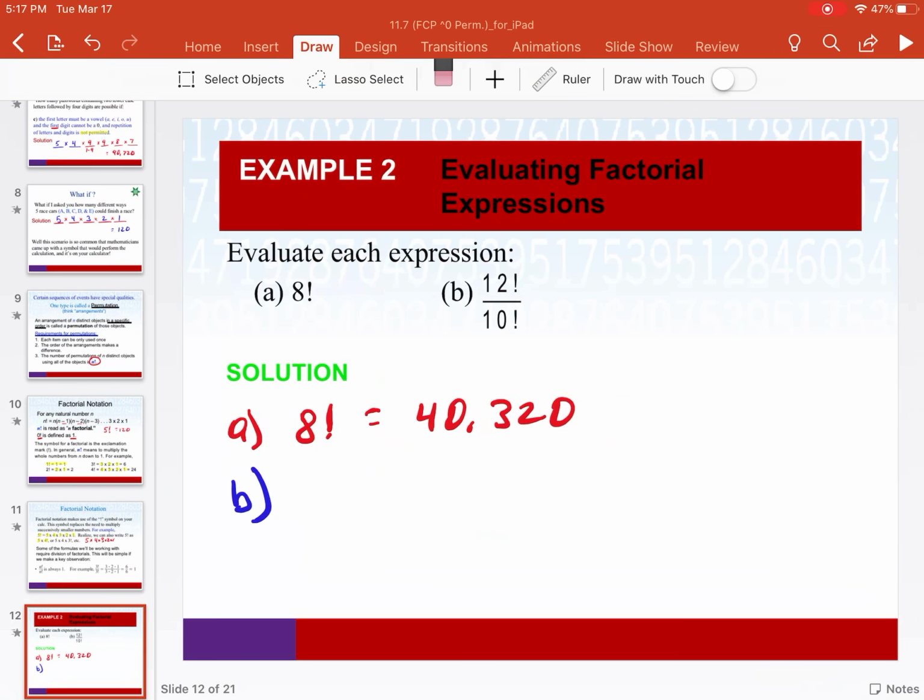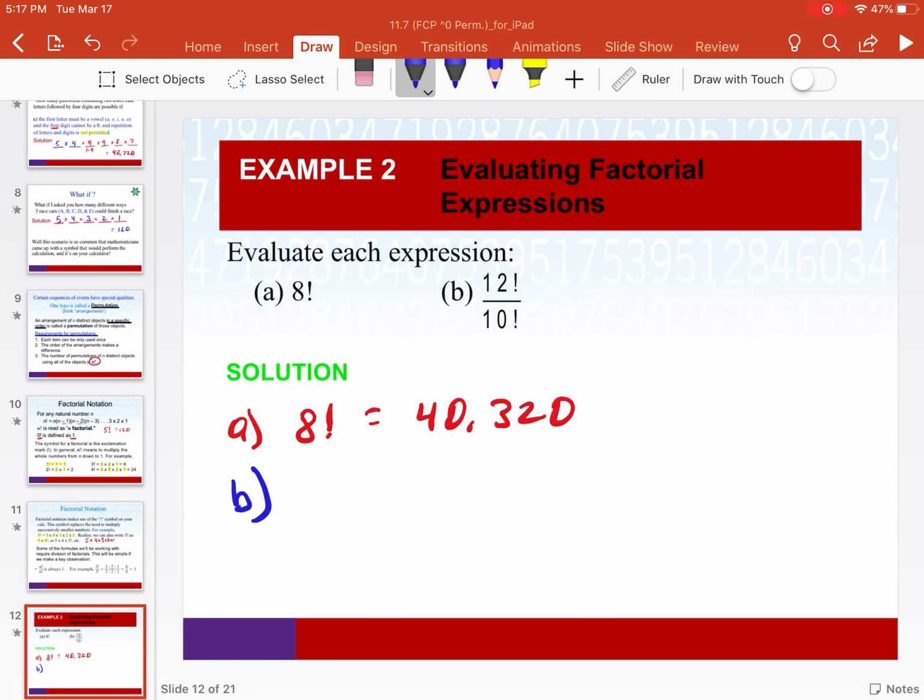Now, just so you know, this was 132. I could have rewritten this as 12 times 11 times 10 factorial. And what do you notice? That might be a way to handle some larger numbers, because maybe things would cancel.